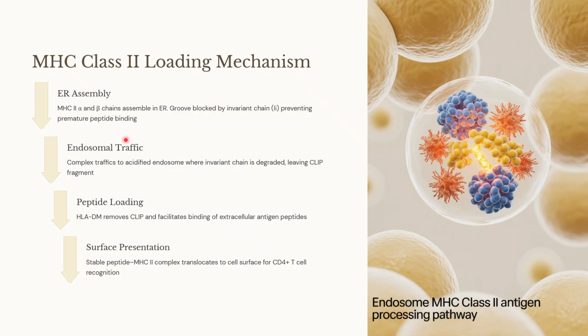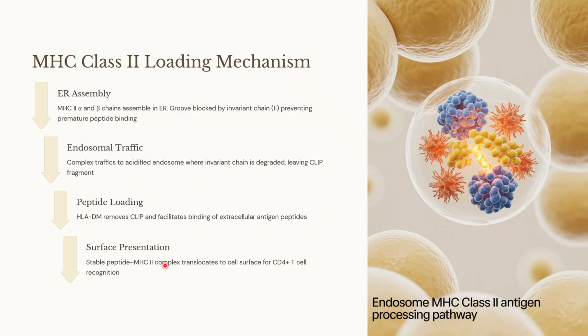Even though we have removed the invariant chain, that area is closed by the clip fragment. HLA-DM, another component, will remove the clip, and once the clip has been removed, it facilitates the binding of extracellular antigen peptides. This stable peptide MHC complex 2, that is, it has the peptide and it has become stable, translocates to the cell surface.